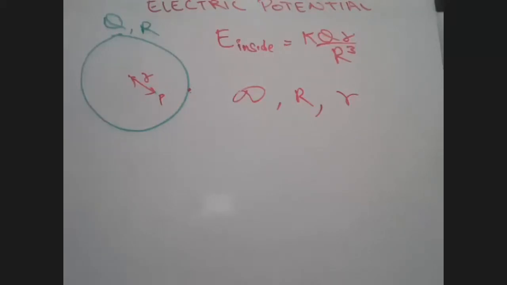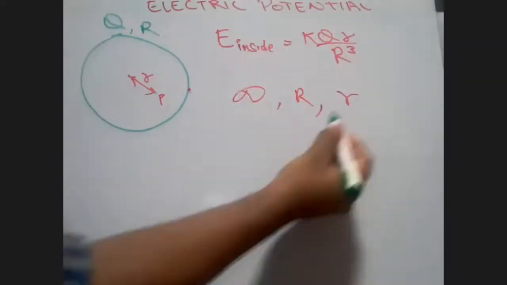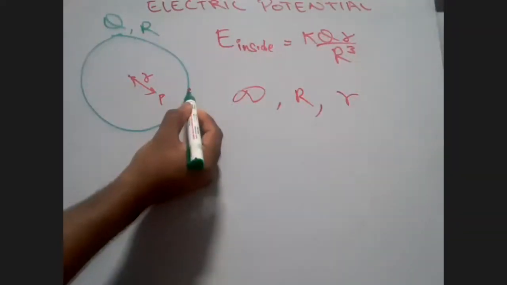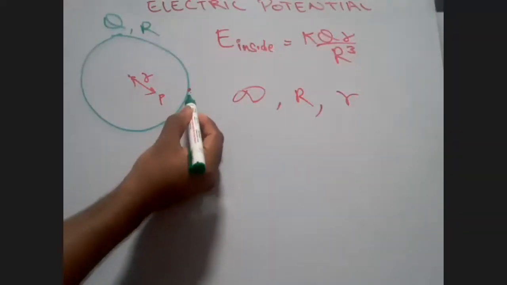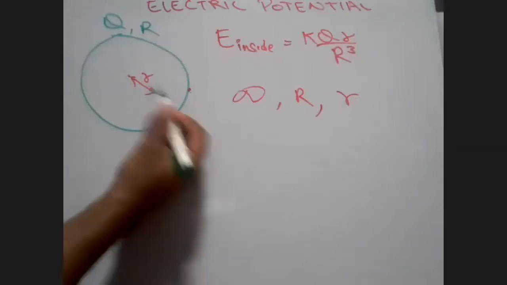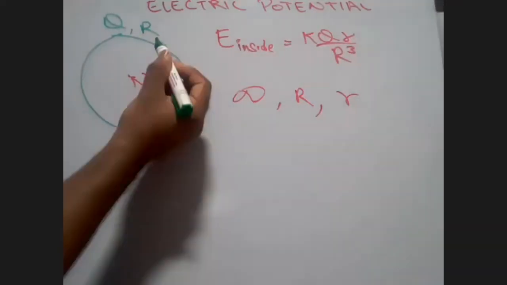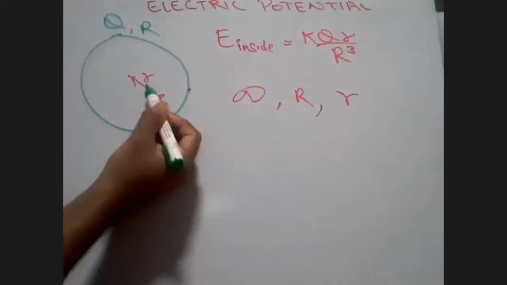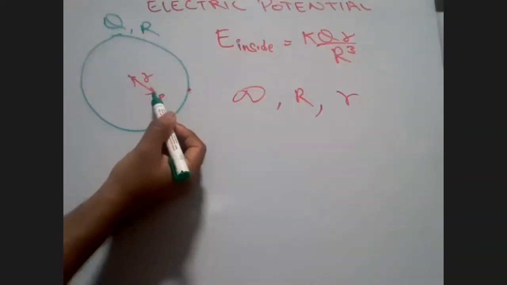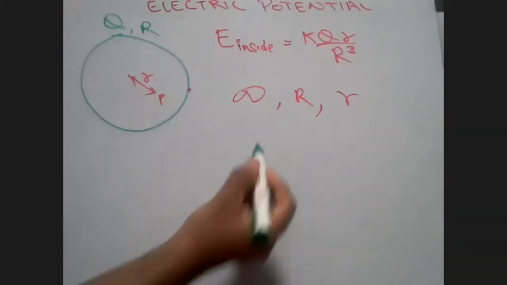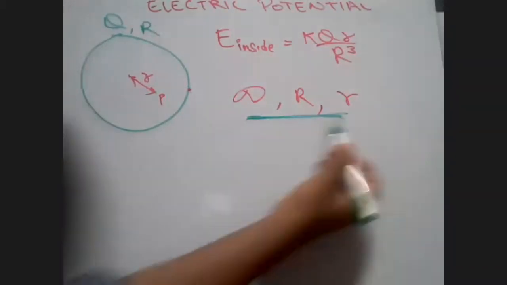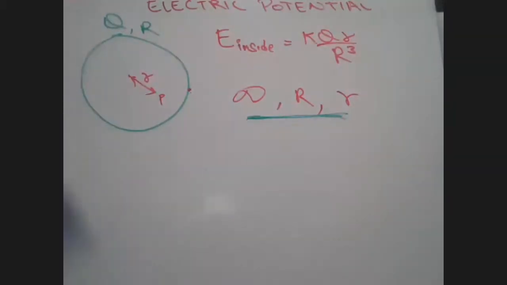I take it at infinity. I brought it from infinity all the way to the surface of the sphere, where the distance from the center is capital R. Then I brought it inside, and the distance reduces to small r. So these will be your limits while calculating the potential.